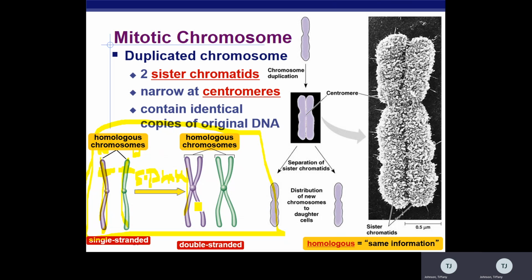How are we doing so far? We're good? Now, in the middle right here, what keeps them together is called the centromere. So right there. It keeps the two copies together. So now, instead of being called chromosomes, each one is now going to be called a sister chromatid. Write that down.